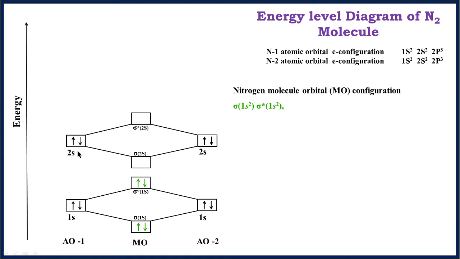Now these 4 electrons should be filled in the molecular orbitals as in the previous case. The first and second electrons will be filled in the lower energy level, that is sigma 2s, and the third electron will be filled in the higher energy level, that is sigma star 2s, and the fourth electron will be paired here.